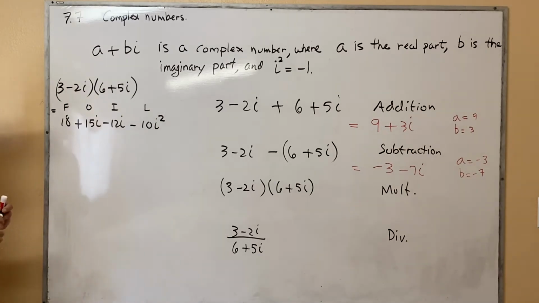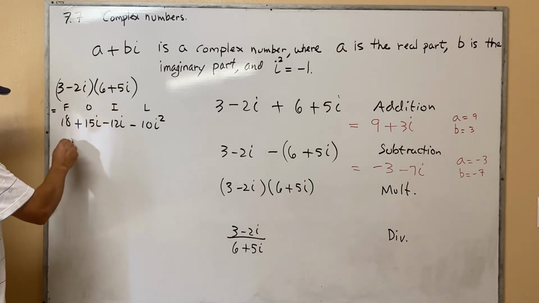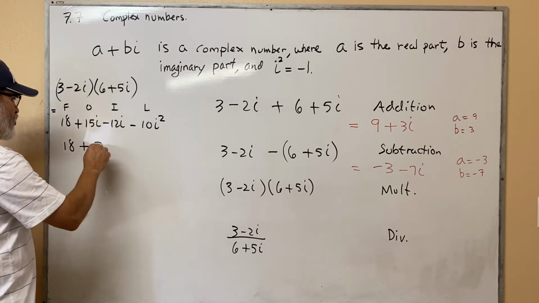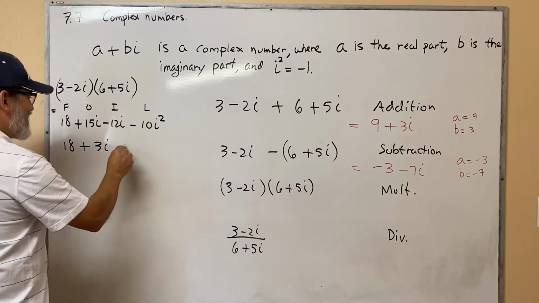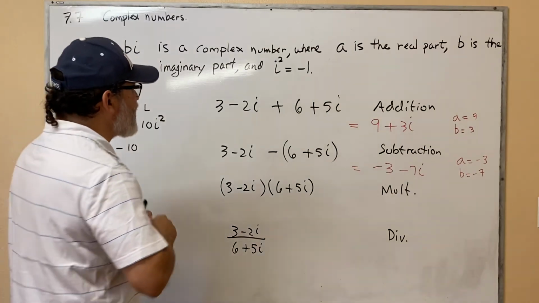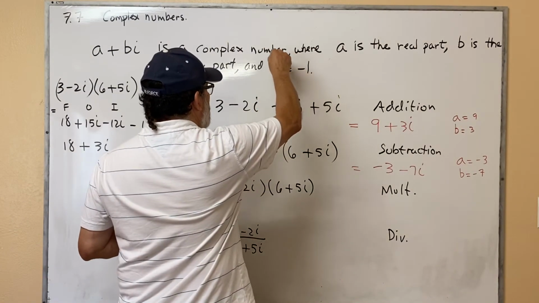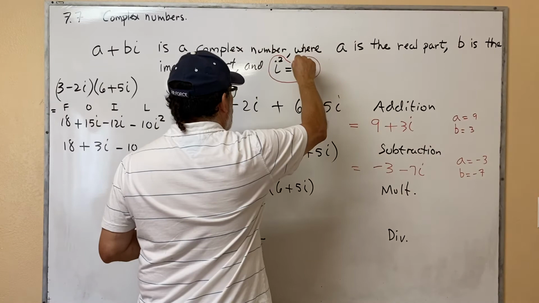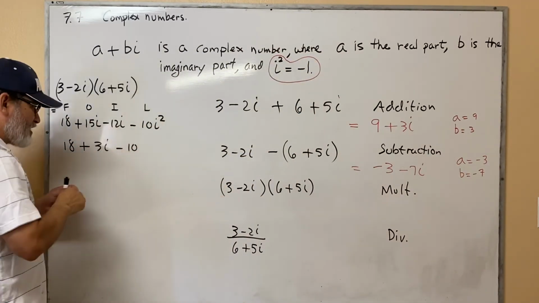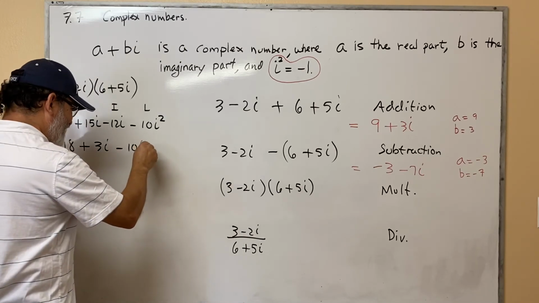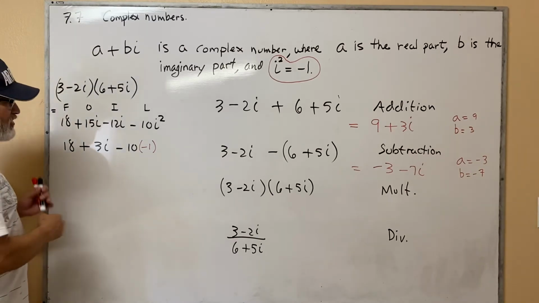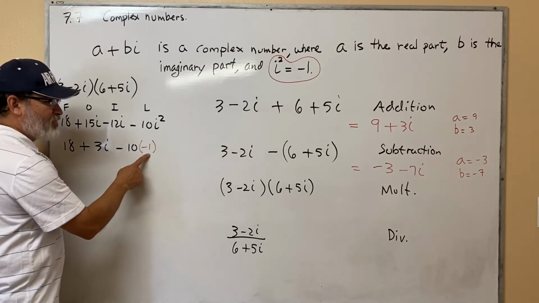Combine like terms. So this is 18. And what's 15i minus 12i? Plus 3i minus 10i squared. And remember what we said? Remember we said that i squared is negative 1. Well, this i squared is negative 1. So negative 10 times negative 1 is positive 10.